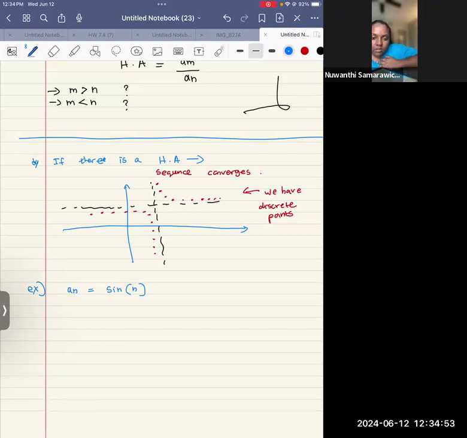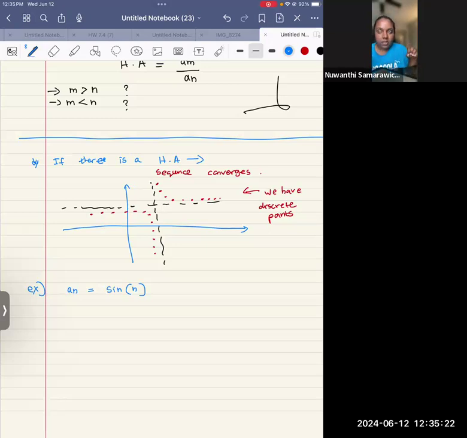Who likes to answer why it diverges? Yes, Colby? Why does it diverge? Because there is no horizontal asymptote. Very good, that's the idea, because we talk only about the horizontal asymptote.